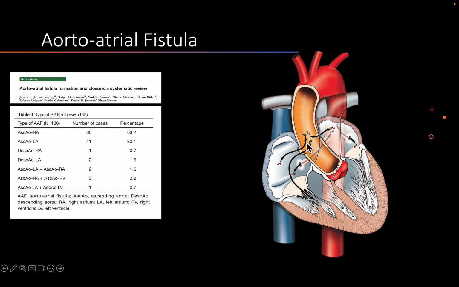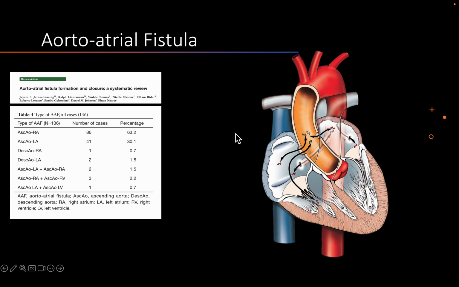From the ascending aorta, it can open into the right atrium, the right ventricle, the left atrium, or the coronary sinus, and from the descending aorta, it can open either into the right atrium or the left atrium.